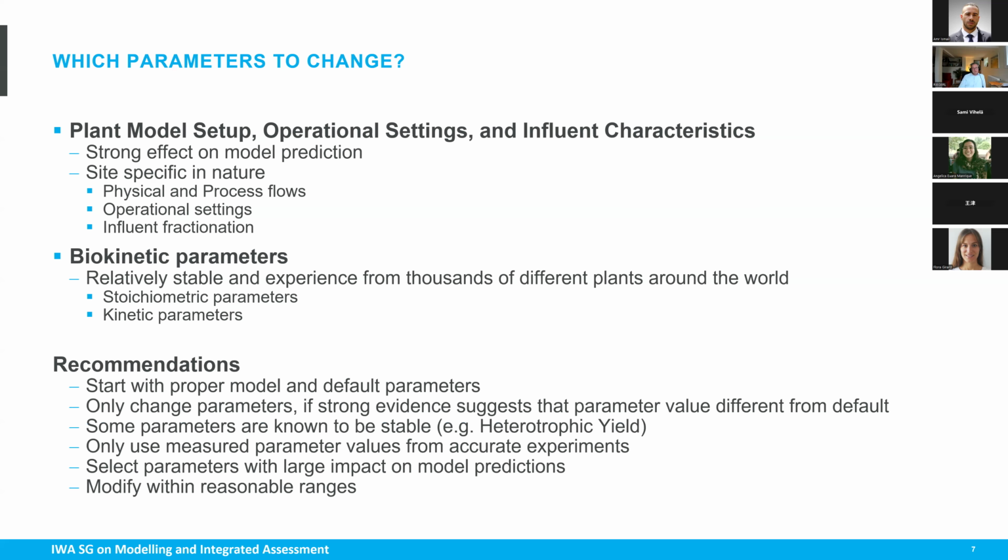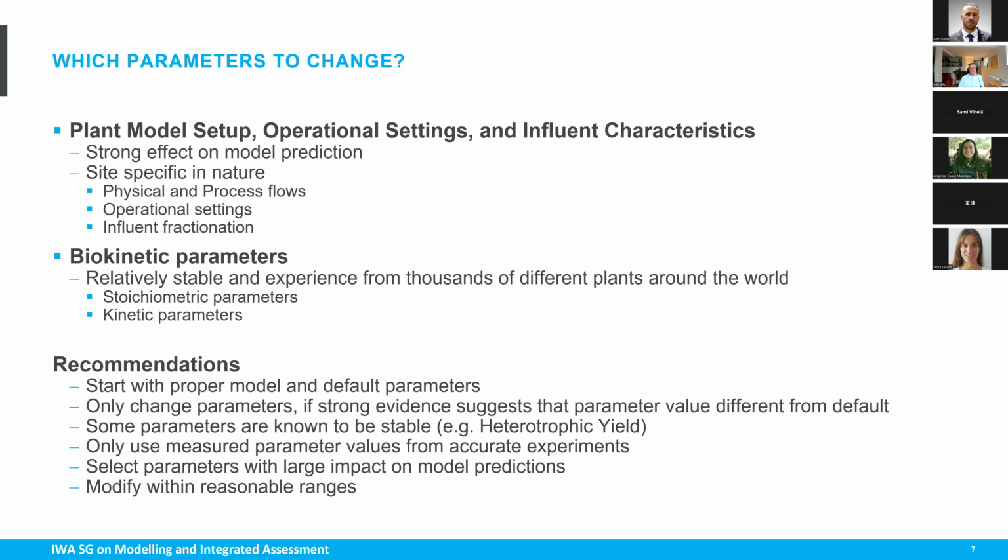So a couple of recommendations: start with a proper model and default parameters. Right? So don't go back to ASM 1, 2, 2D, or 3. They were published in the 80s and 90s, right? So there's 30 years of experience now out there. That expertise of model building and maintaining default parameters is with the commercial simulator companies, right?